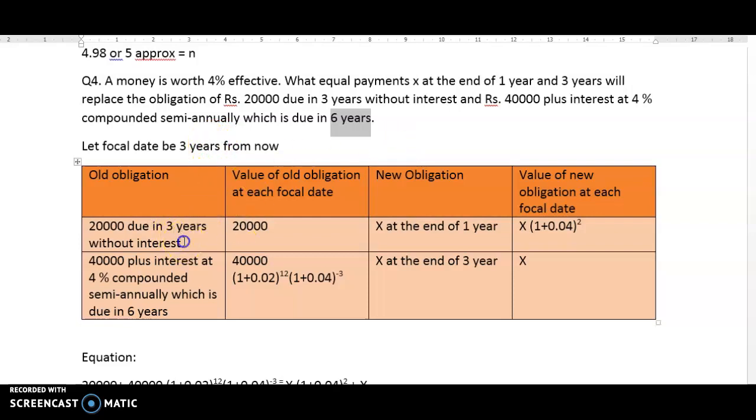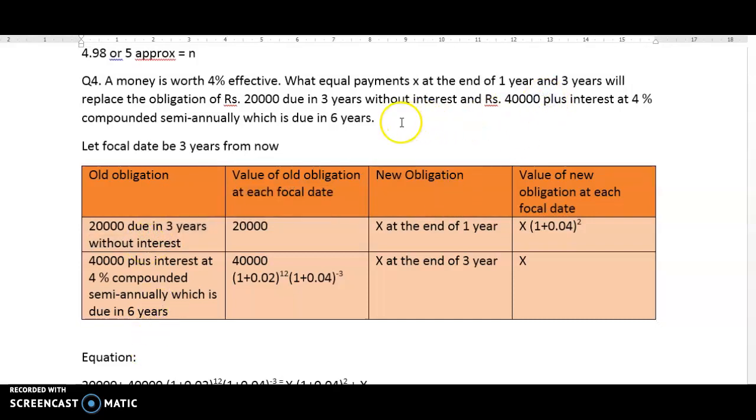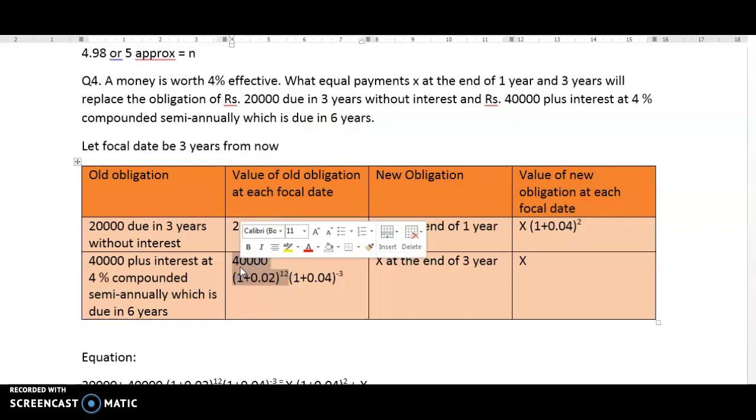In the previous case calculation नहीं चाहिए थी because that was without interest, but in this case just because this particular statement is added along with this 40,000, we have to make this additional calculation. So what I have done, 40,000 multiply 1 plus, this is semi-annual, so 4% is 2%, then 6 years hai, so 6 into 2, 12. So first I have calculated the future value.